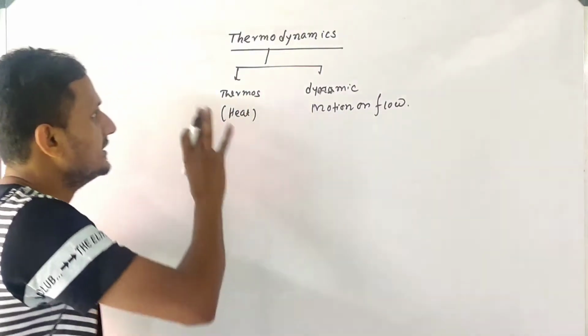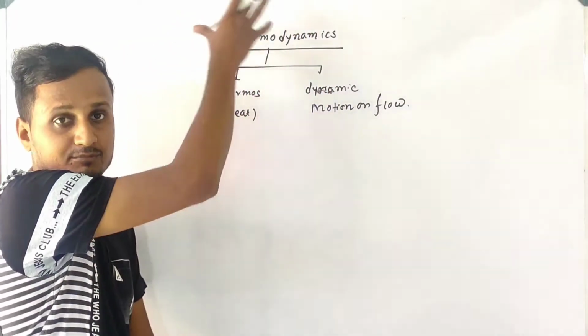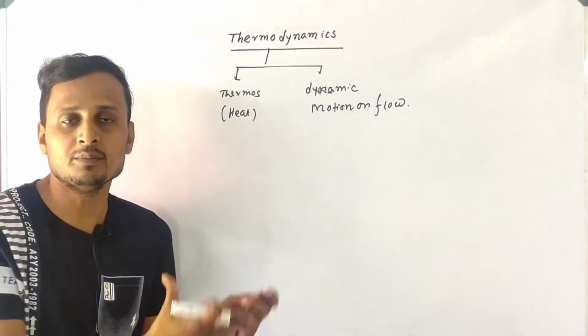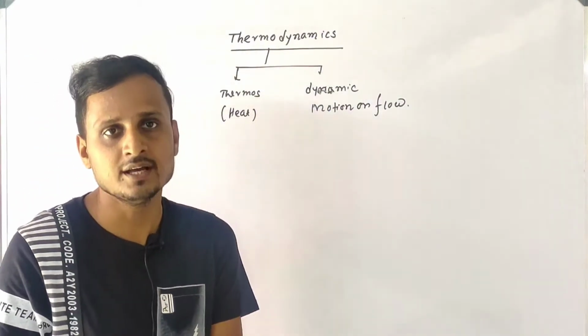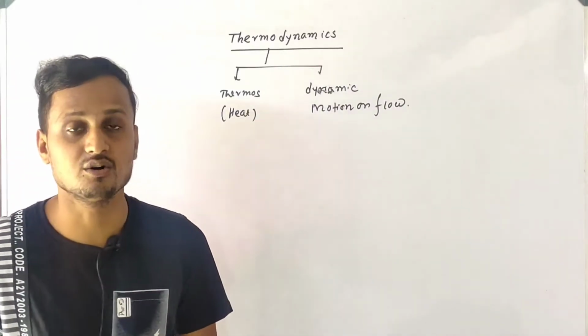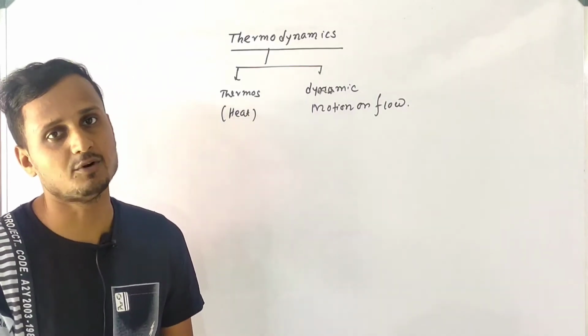This branch of science can be defined as: thermodynamics is the branch of science which deals with the change of heat energy or some other kinds of energies in any physical and chemical process.